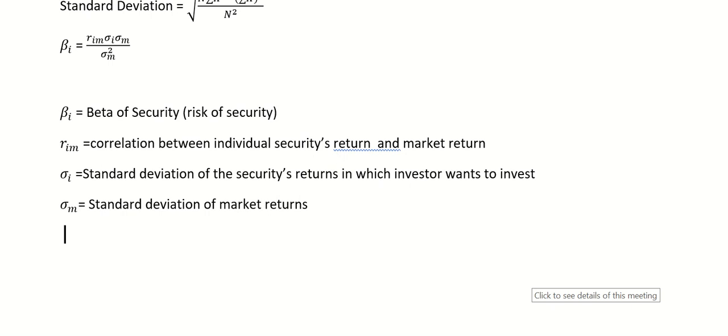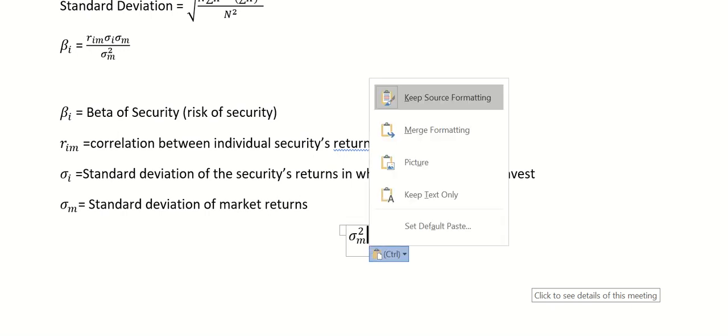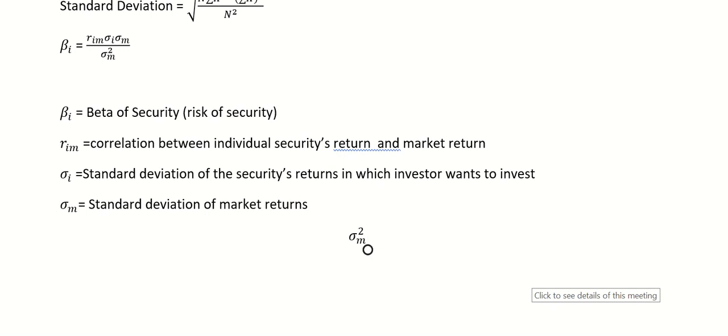Then there is sigma square m. Sigma square m is basically the variance of market returns. As I told you, variance is the square of standard deviation, and M stands for market returns.